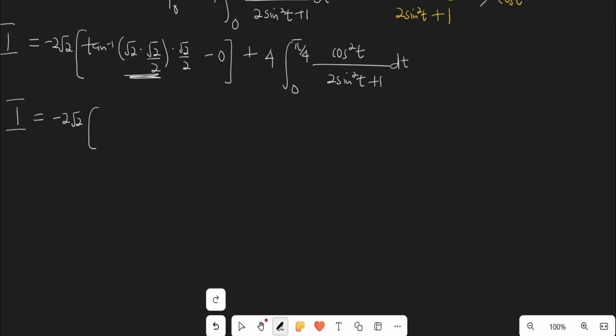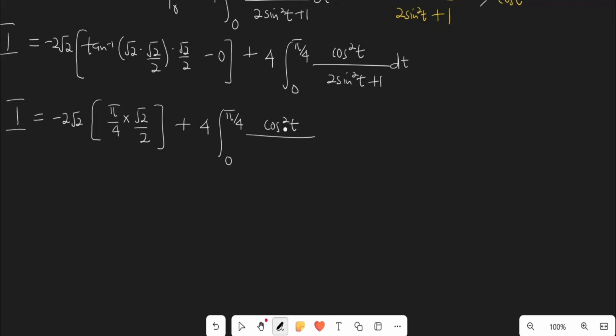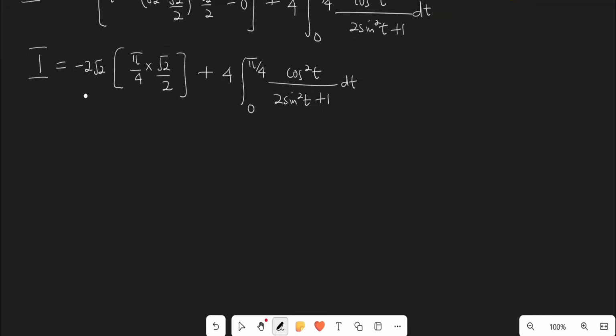So we have tan inverse of 1, and tan inverse of 1 is pi over 4. So we are going to have pi over 4 multiplied by the square root of 2 over 2 as the limit, plus 4 times the integral from 0 to pi over 4 of the cosine square of t all over 2 sine square of t plus 1 dt. Alright, cool. So this one will simplify to negative pi over 2.